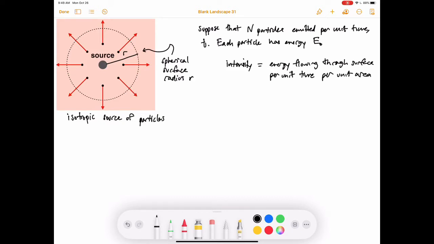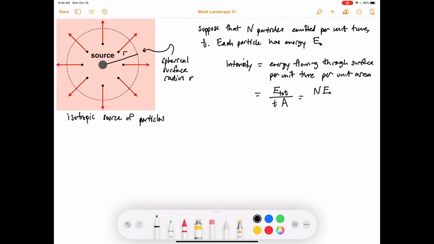So let's work out what that would be. So we have the total energy flowing through the surface per unit time, which is t, per unit area, which is A. Now, the total energy flowing through the surface would just be the number of particles that are flowing through the surface, which is n, times the energy that each particle has, which is E naught. So we have n times E naught on top.